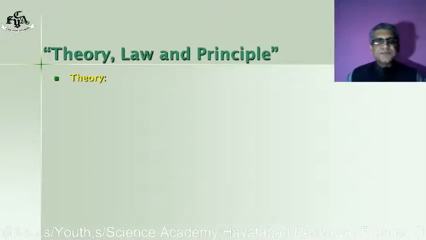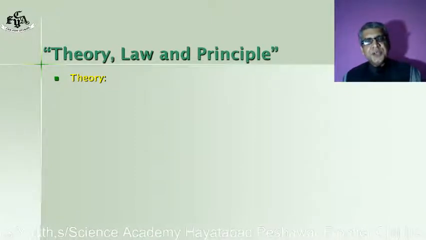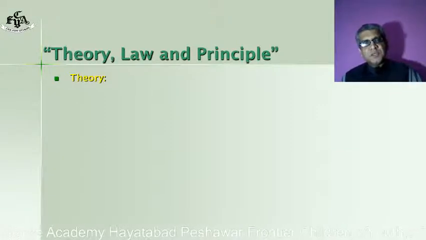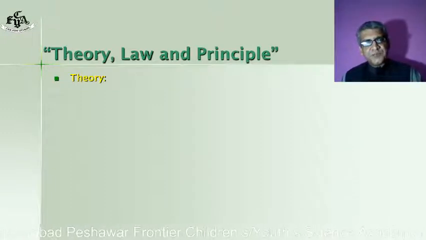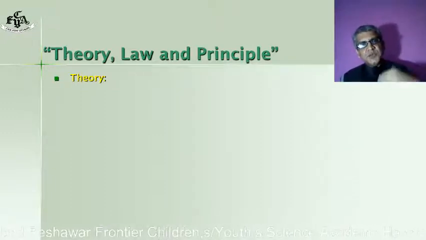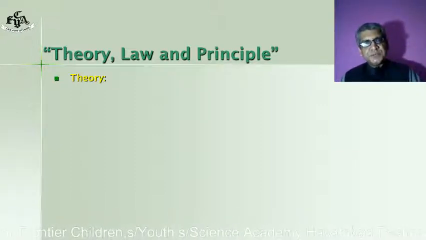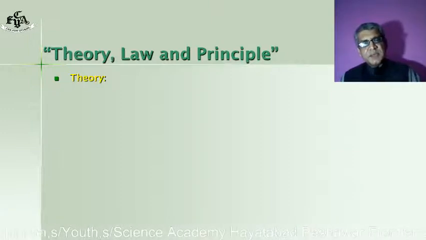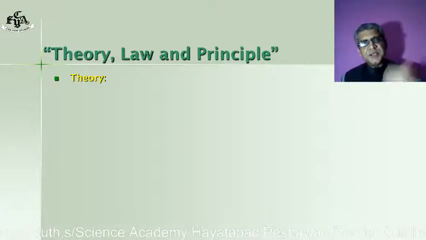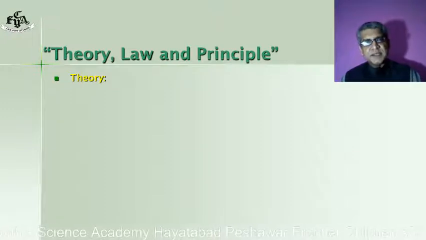In the previous lecture you have studied a lot about observation, hypothesis, deduction, experiment, etc. You know that when an observation is made, then on the basis of observation a tentative answer is given by the scientist, and that is called hypothesis.